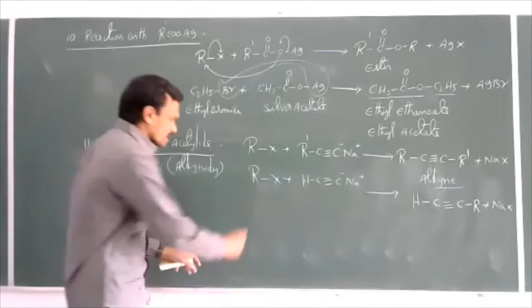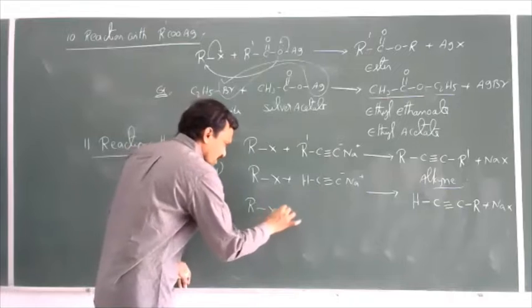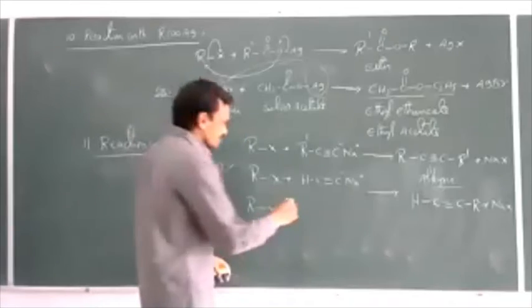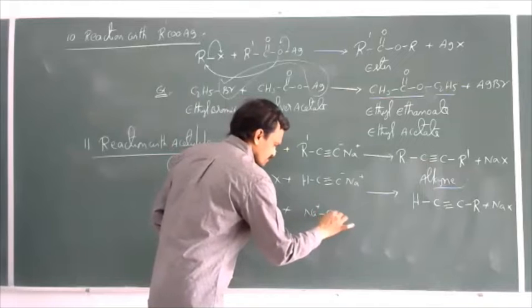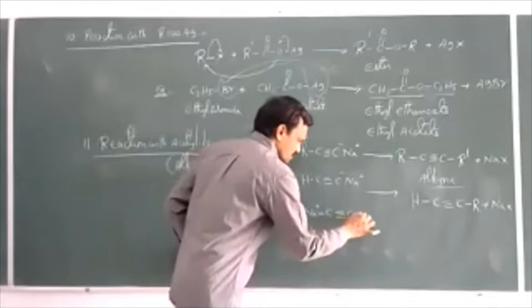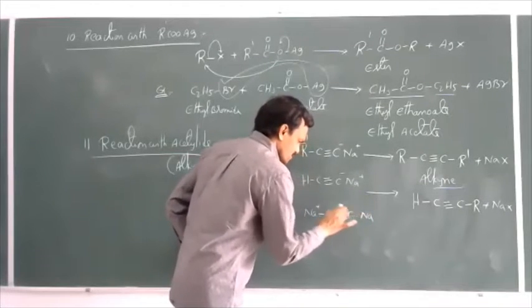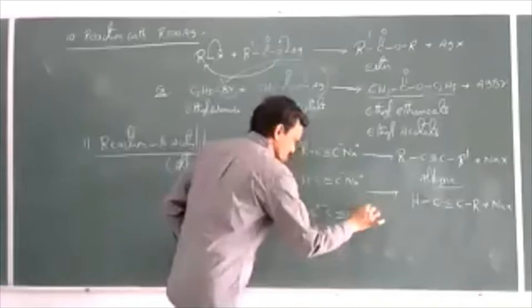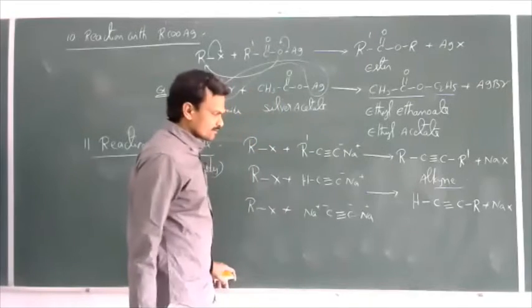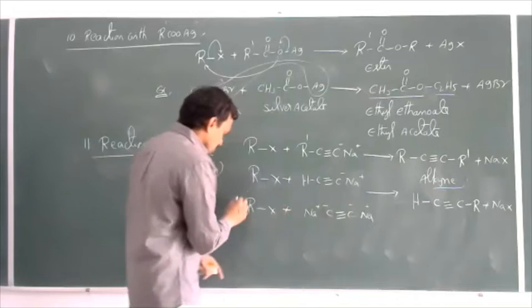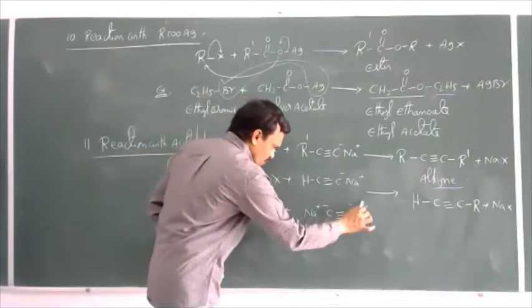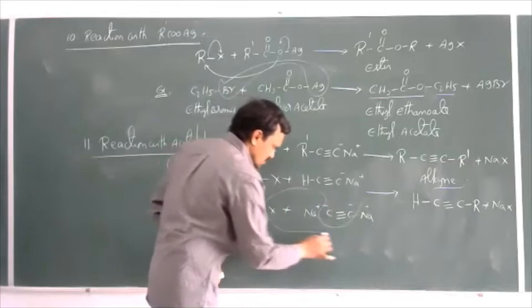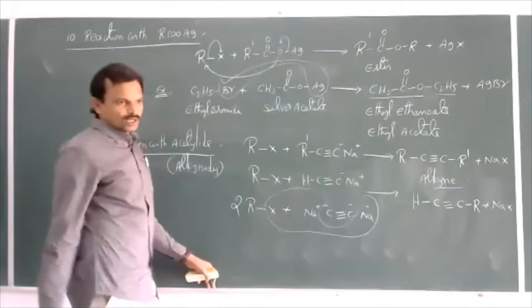Suppose if haloalkane is allowed to react with disodium acetylide, Na plus C minus triple bond C minus Na plus. Then now this can react with 2 moles of haloalkane, and these 2 sodium atoms and these 2 halogens get separated as 2 NaX.